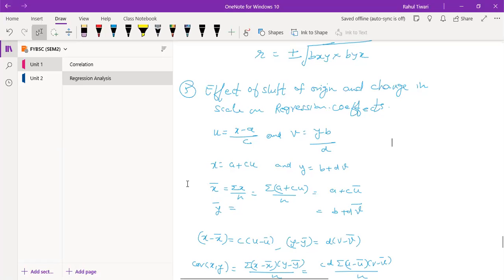Okay, so let us assume u is equal to x minus a upon c, v will be y minus b upon d.